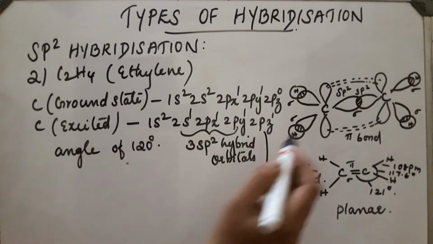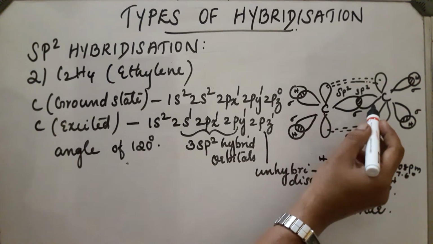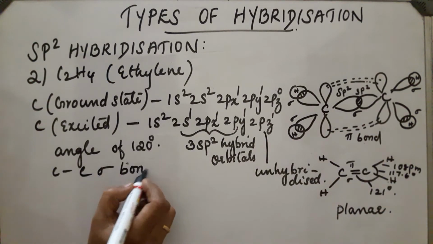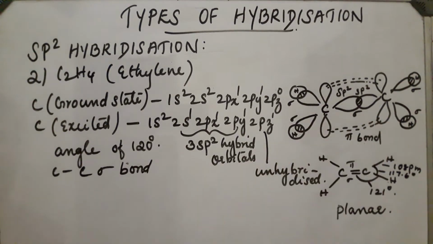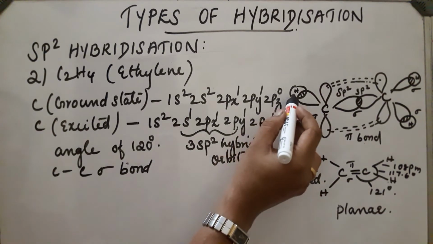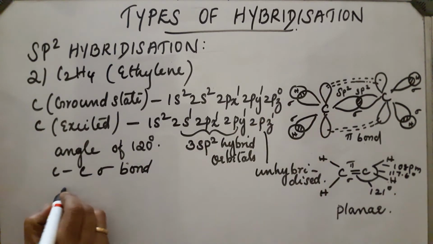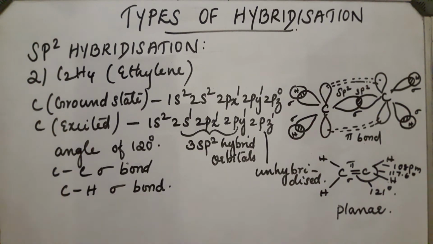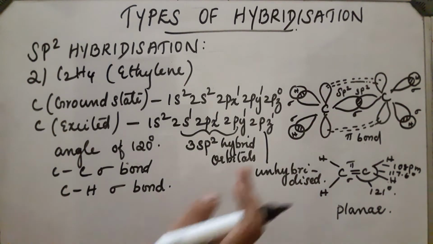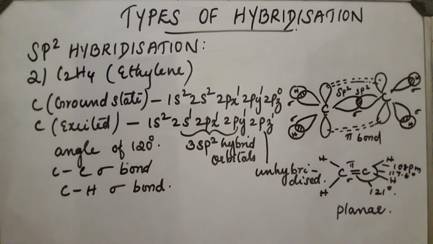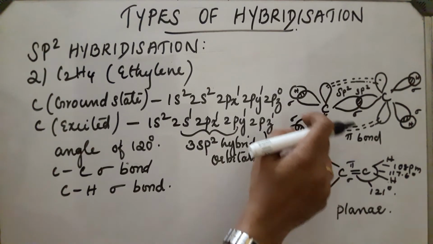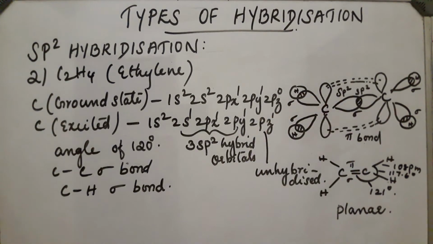Next, one sp2 hybrid orbital of each carbon atom overlaps axially and forms a C-C sigma bond, like this. The other two sp2 hybrid orbitals of each carbon overlap with a hydrogen atom each and form C-H sigma bonds. Now there is an unhybridized p orbital in each carbon atom, oriented at 90 degrees to the plane of the sp2 hybrid orbitals.